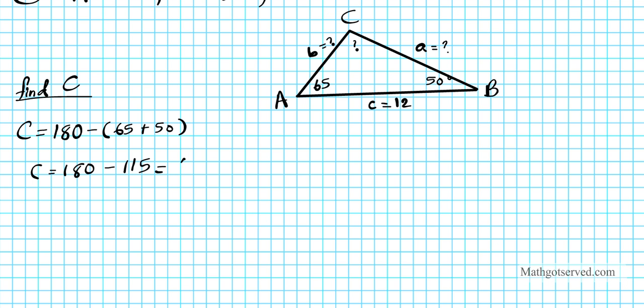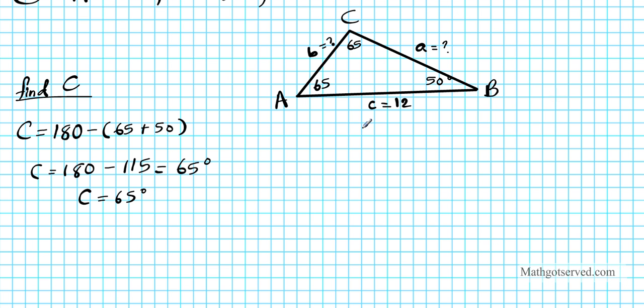When you subtract the 2, you have 65 degrees. Okay, so angle C equals 65 degrees. So there goes the measure of angle C. All right, now we can start figuring out the measures of the sides. Put that there, 65.